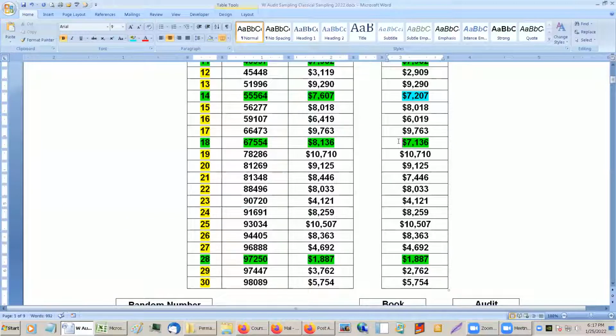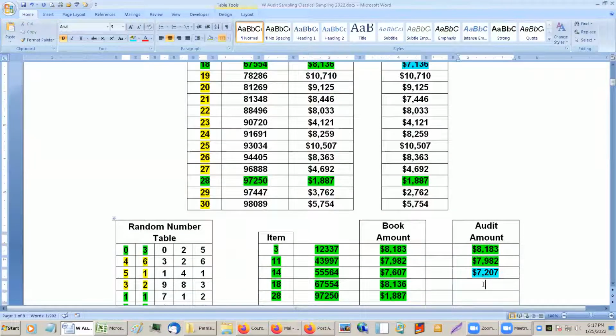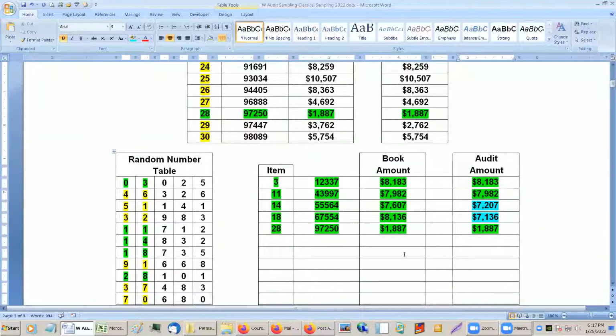Go to 18, and we come up that it is off by $1,000. So this one is off too. Also, the last one looks okay. Okay.